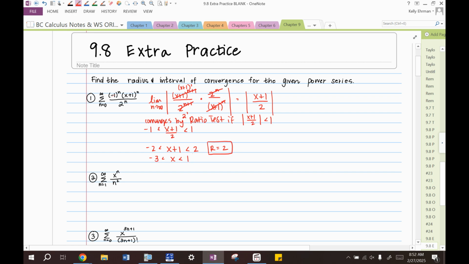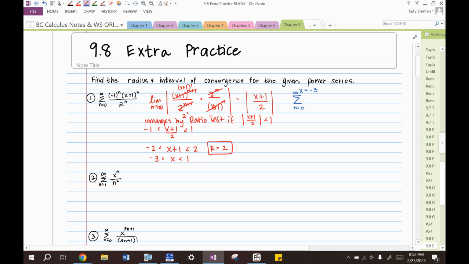Since this is not just a straight geometric series, it could be that plugging in the negative 3 or the 1 gives us some sort of alternating series or something else that will converge at the ends. So check that. I'm going to show the checking over here. So let's check if x equals negative 3. For a free response question, you need to show what that series would become.